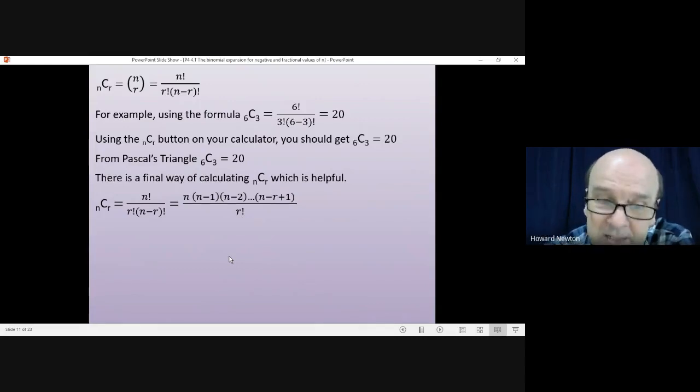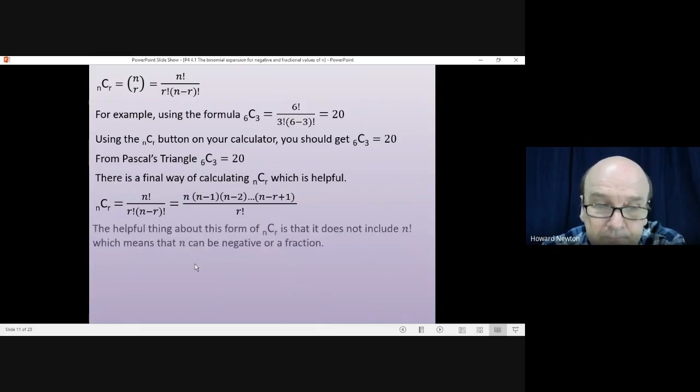What's the point in that? Why have a new way of calculating nCr? Well, the helpful thing about this form is that it does not include n factorial. It still includes r factorial, but it doesn't include n factorial. And n is the power of the bracket. What that means is n can now be a negative number or a fraction.